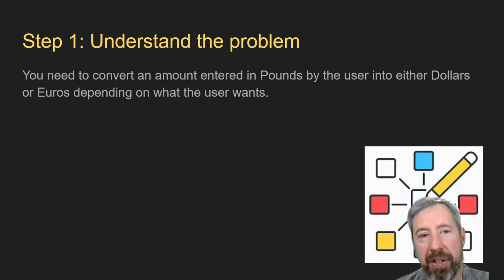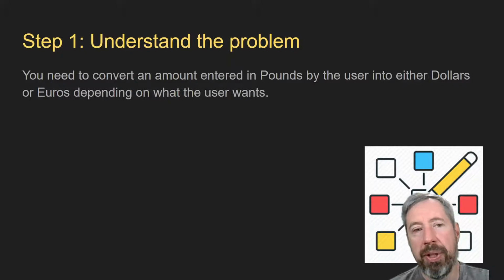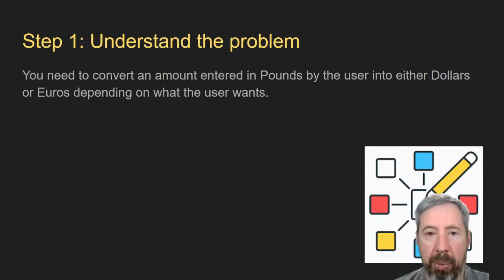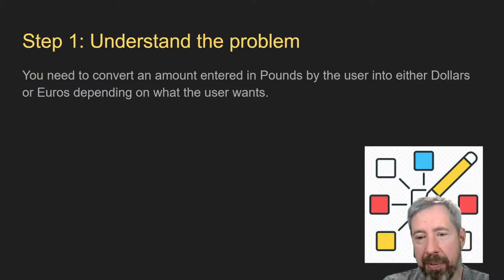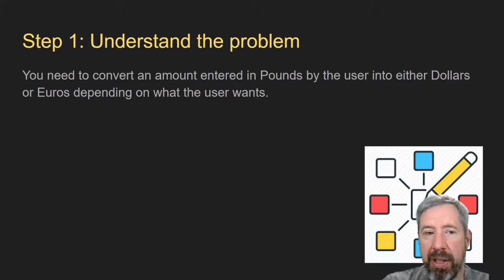So the first thing is make sure that you understand the problem in the first place. You can't design an algorithm for something if you're not sure what the problem is. So just to reiterate that, we need to convert an amount in pounds entered by the user into either euros or dollars, and then output the answer.